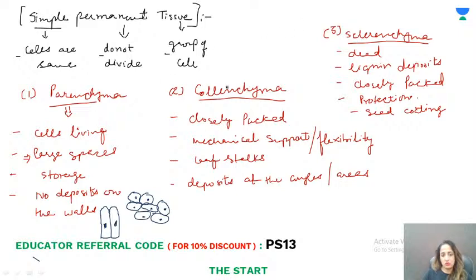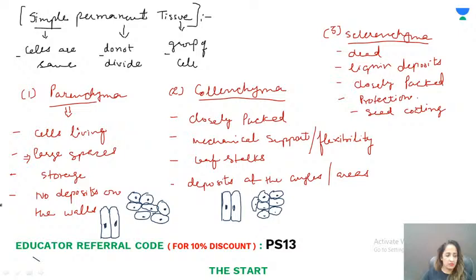If we talk about collenchyma, of course, they have a little bit of spaces. They are a little tightly packed. Right? And the point that you have to remember is, here is their longitudinal section with the nucleus, of course.